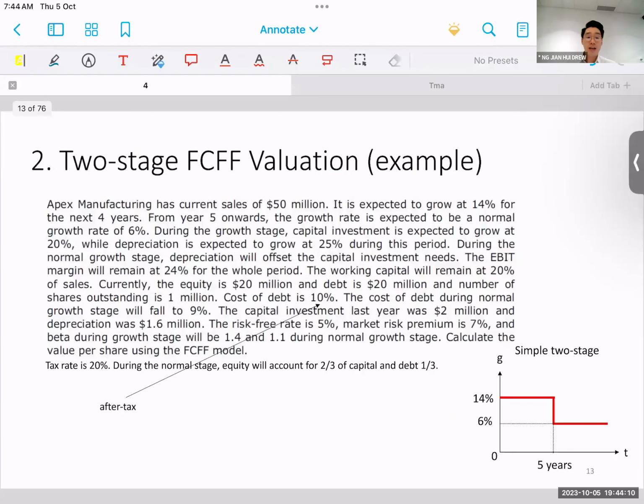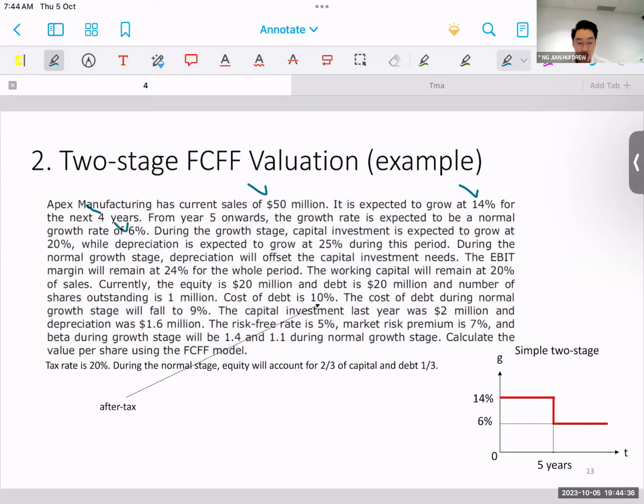Okay, so we do have a question here. As you notice, it gets a bit longer and longer, more information. But let's try to dissect this slowly. Okay, so we have this company again. Current sales is 50 million, expected to grow at 14% for the next 4 years. Okay, we are given a 4-year period. From year 5 onwards, the growth is expected to be a normal growth at 6%.